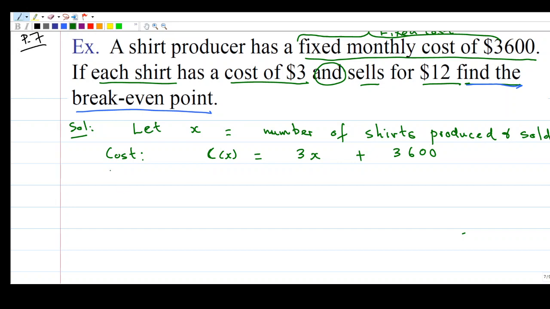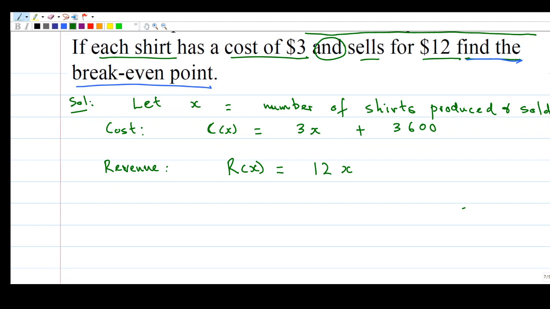Now your revenue function, capital R of x. This is what is going to be realized when the shirts are sold, and each shirt is sold for $12. So capital R of x will be 12x. We want to find the break-even point.